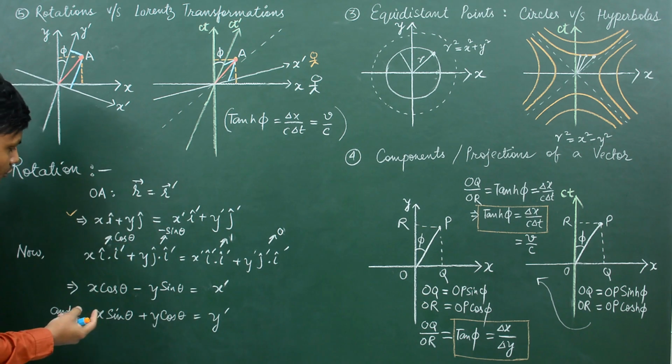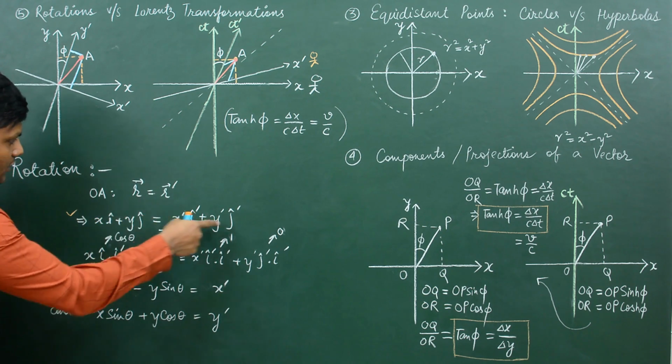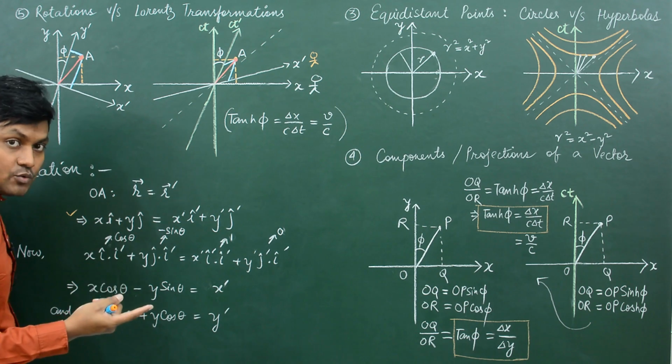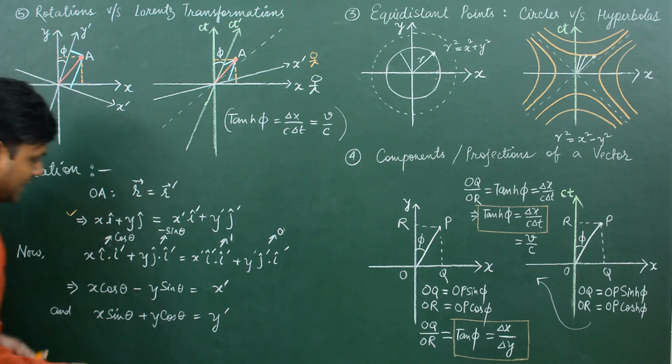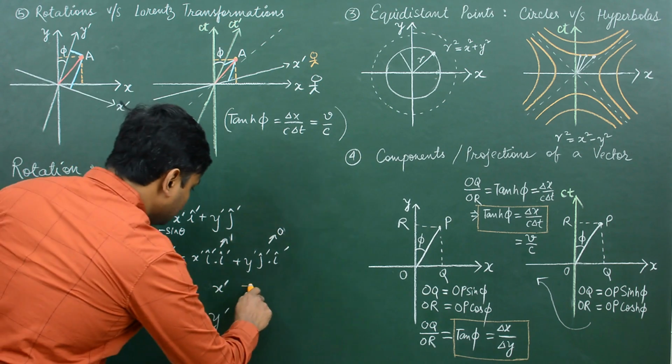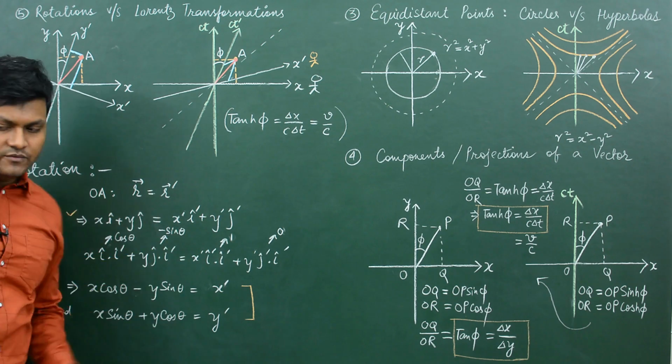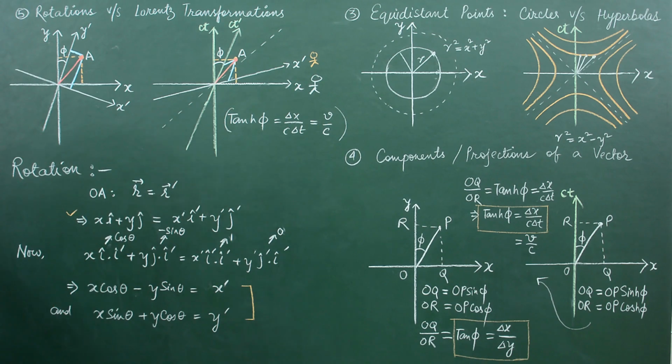If I combine both of them, this will give us the rotation of any vector quantity in Euclidean space. So let me rub this one first and then I'll write it properly.